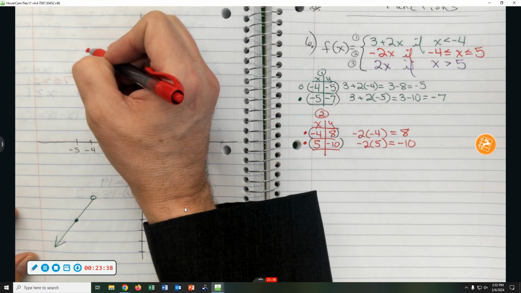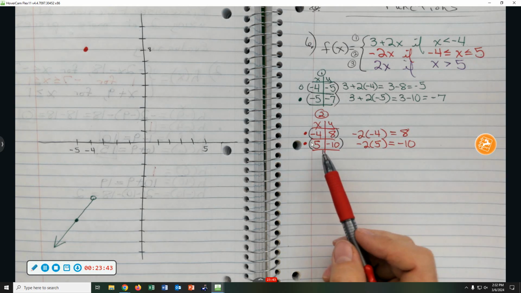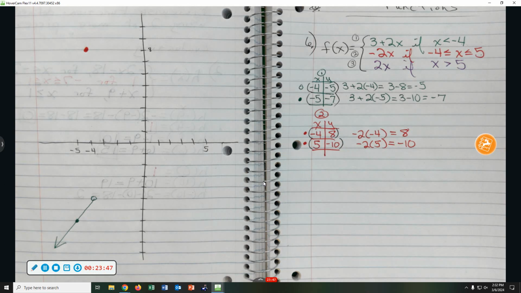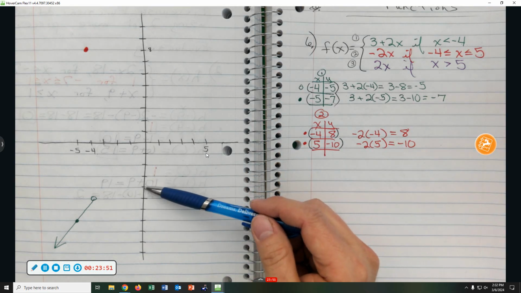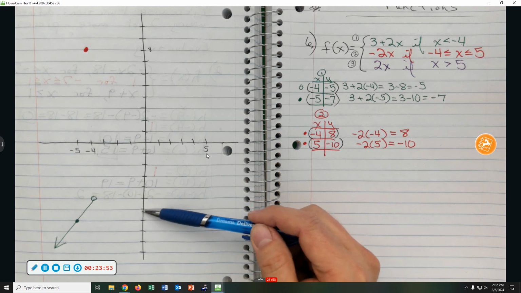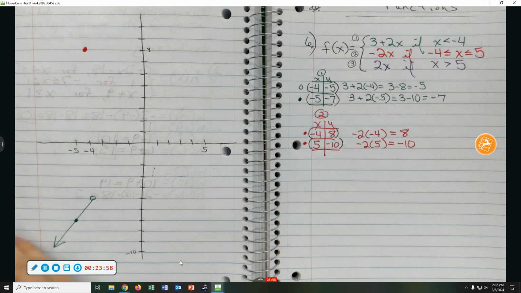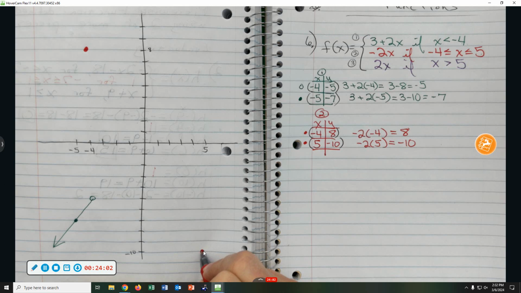Closed dot. The second point, 5, -10, we go right 5, down 10. I should have numbered these increments so I don't have to keep counting over and over. 6, 7, 8, 9, there's -10. So 5, -10, right there.